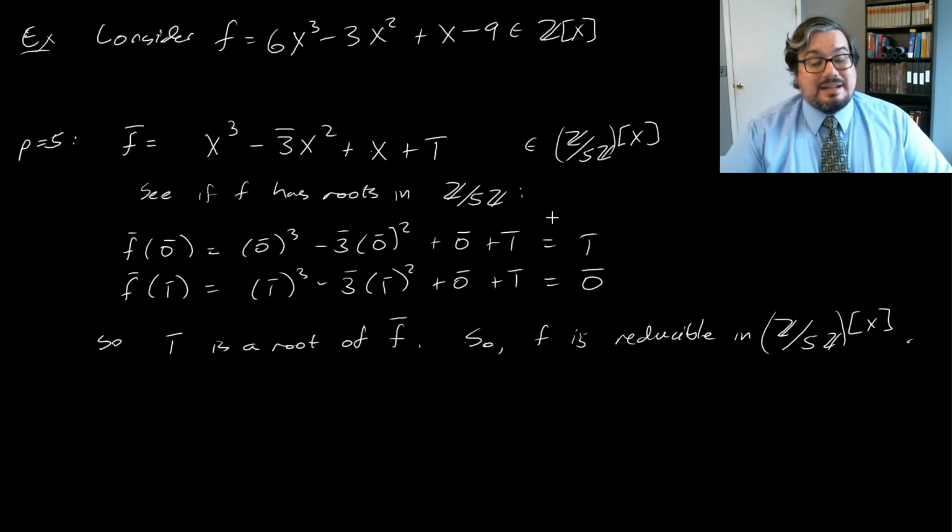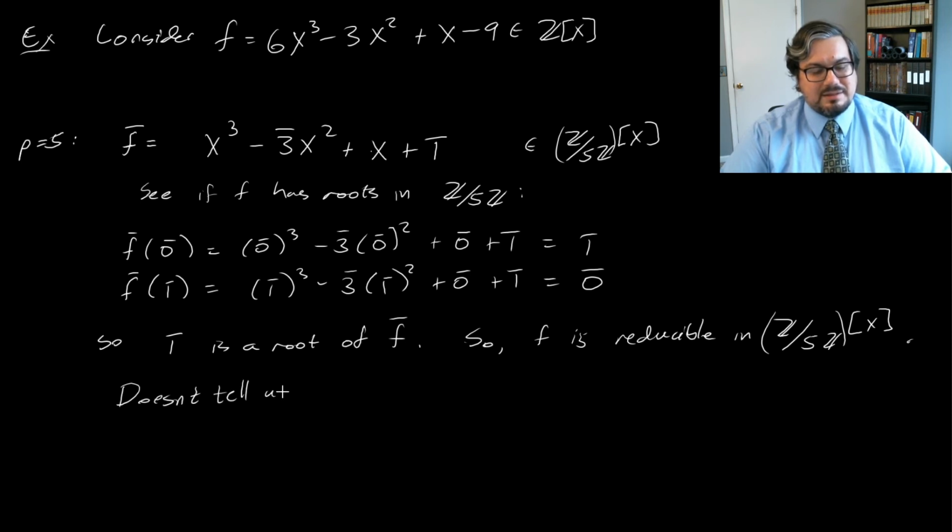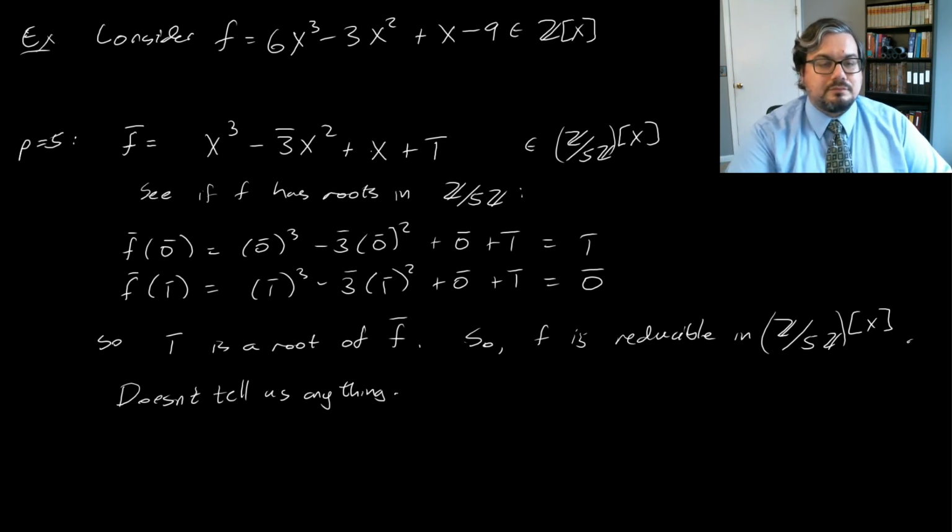And knowing that f is reducible in this new polynomial ring doesn't actually tell us anything. So, unfortunately, this doesn't tell us anything. So, we could move on. Let's look at the next one.